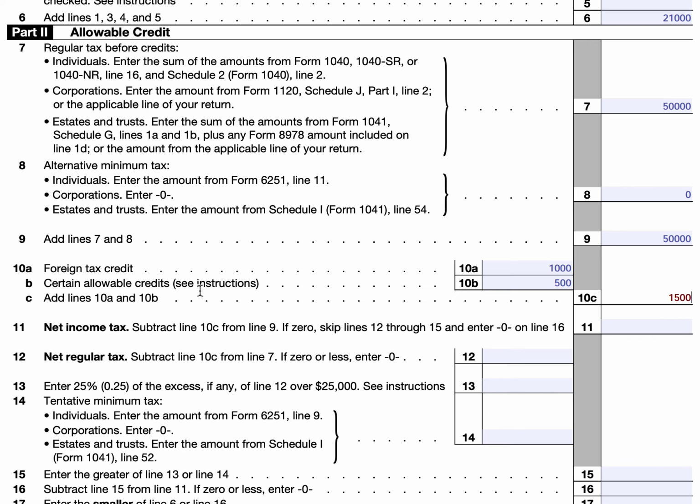Now, these tax credits, you have to back them out of your tax liability up here, because basically they apply against the eligible general business credit. So you have to back that out, which lowers your effective business credit that you might be eligible to take.